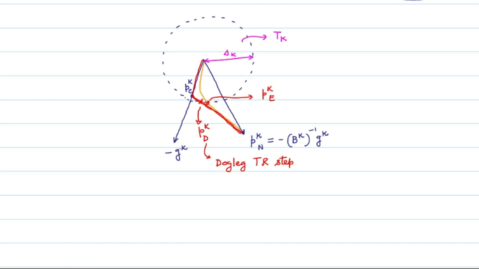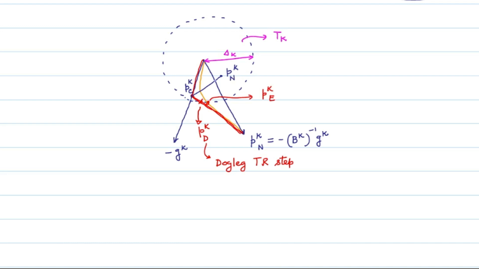And you might ask me a question: what is the certainty that the line segment joining p_k^C and p_k^N will certainly intersect the trust region? Can we not have the location of p_k^N over here, so that the dog leg will look like a folded leg, and in that case obviously the line joining p_k^C and p_k^N will not intersect the boundary of the trust region?